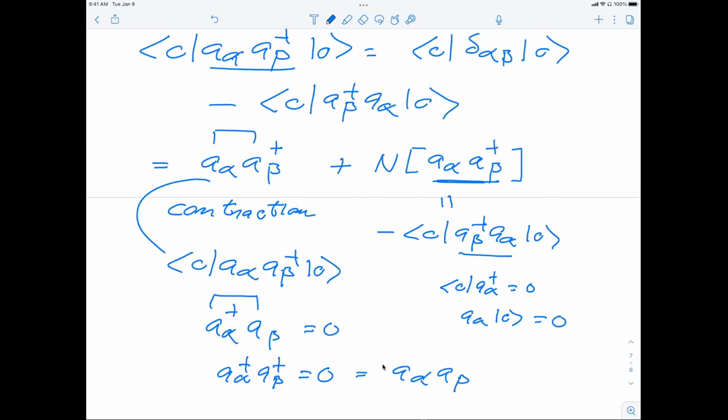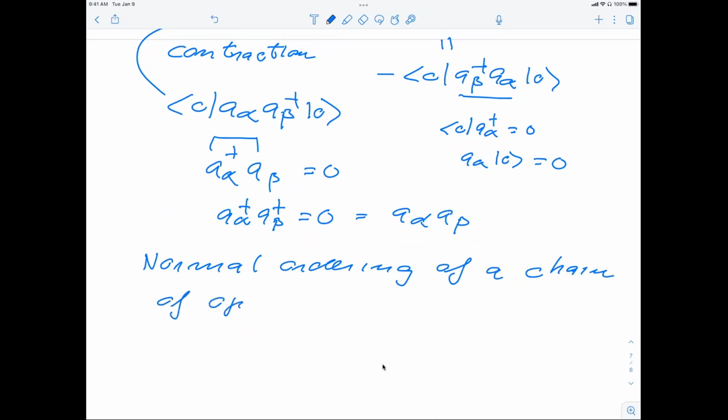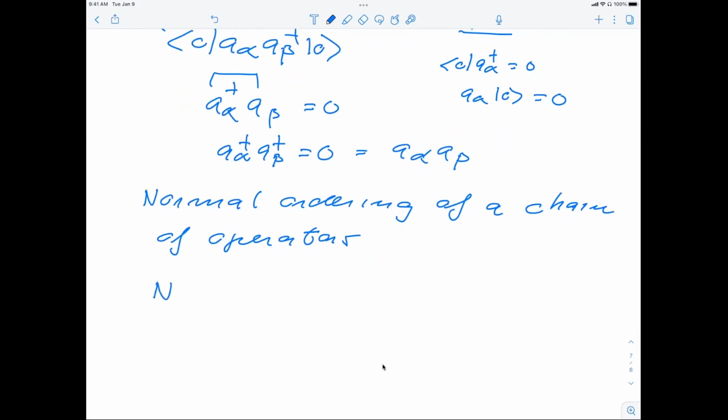So the normal ordering, if we want to define that more generally, of a chain of operators. Suppose I take this chain of operators, x, y, without specifying them, z up to w.